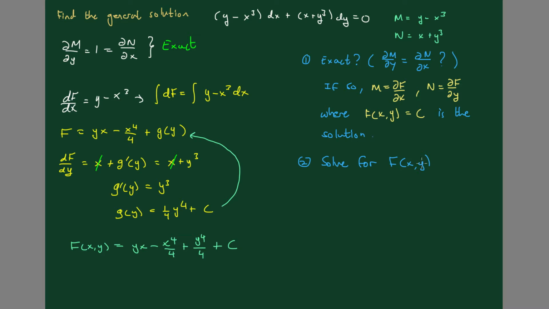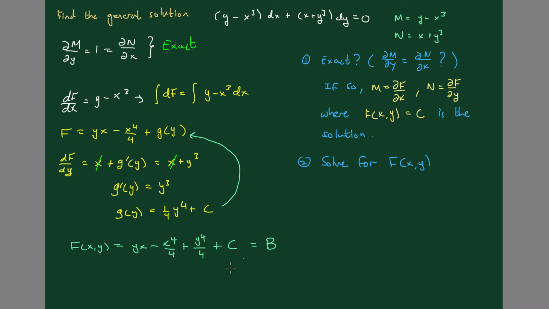Now remember, we said that our solution has to be of the form f(x,y) equals c, which implies that all of this f(x,y) is equal to another constant.